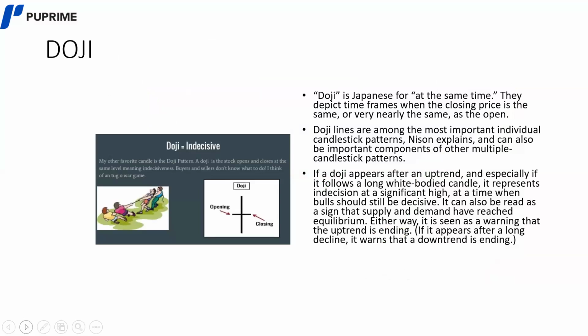Another candle is the doji candle. Dojis usually have a small body or no body, which means the distance between the open price and the closing price is always very small or equal.